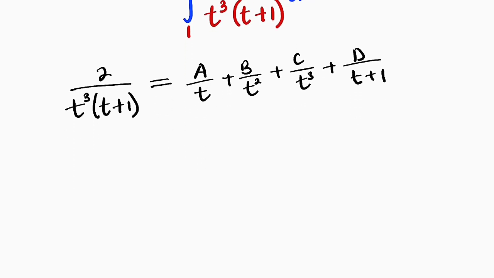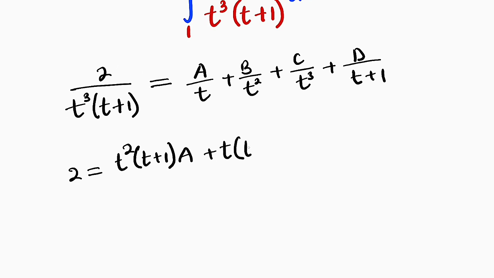Now I would like to multiply every single term by this denominator. If you do that to the left, you will be left with only 2. This is equal to, take this and multiply by this, only one t will reduce here. We still have t squared times t plus 1, then multiplied by a. Then we do the same thing here. t to the second power will cancel two t's here, leaving a single t.